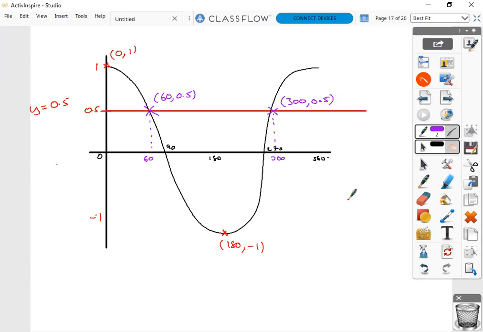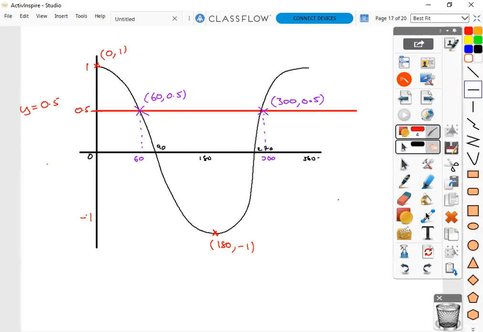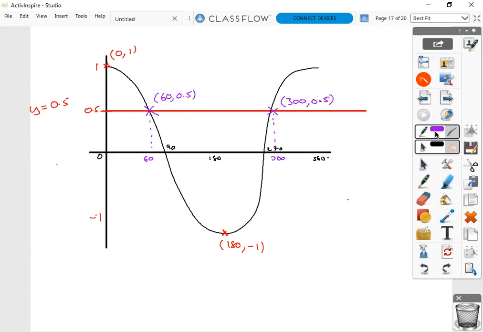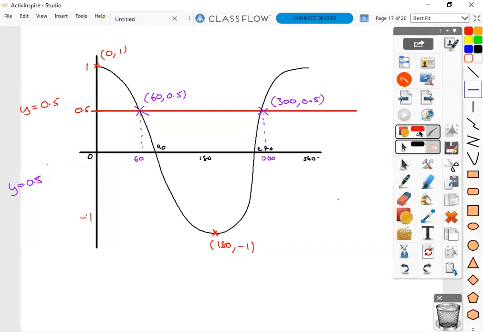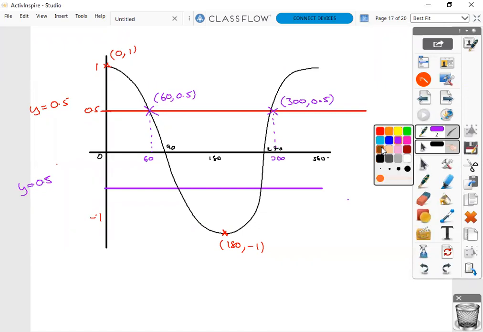Now the same applies at the bottom if we're going underneath. If we're going negative on the y-axis, if we had a horizontal line with the formula y = -0.5, again we're cutting cos in two locations.